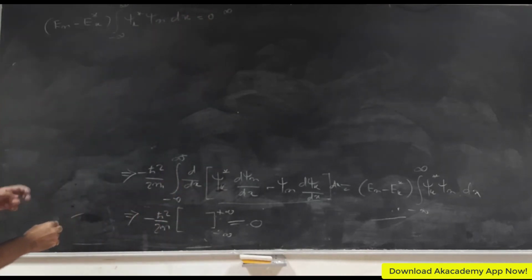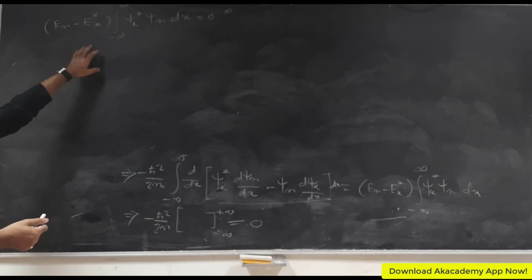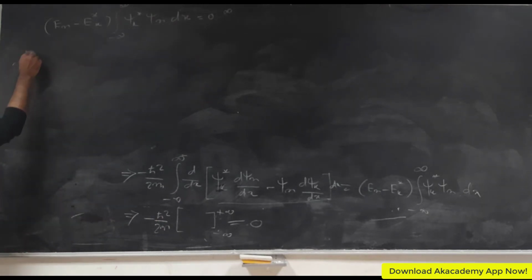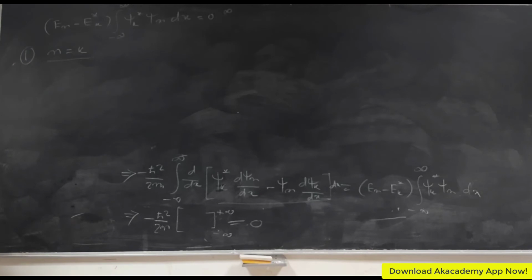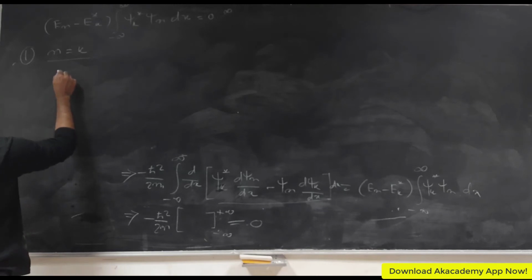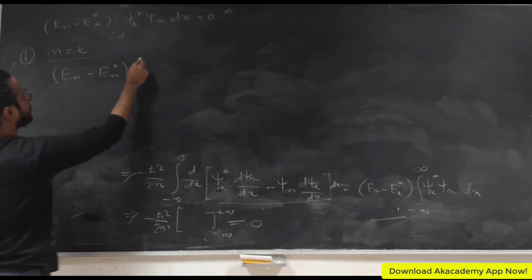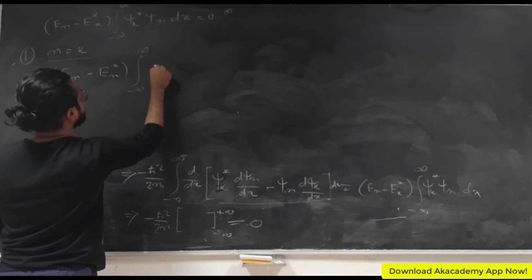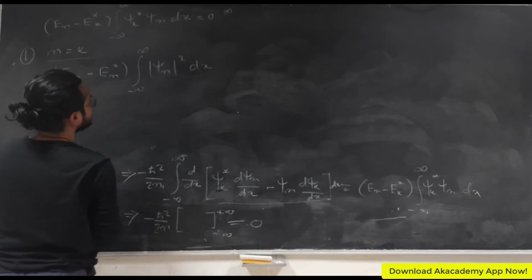Now we could have two scenarios, where n is equal to k and n is not equal to k. Let's take the first scenario where n is equal to k. Then we have en minus en star, integration minus infinity to plus infinity psi n squared dx, right?